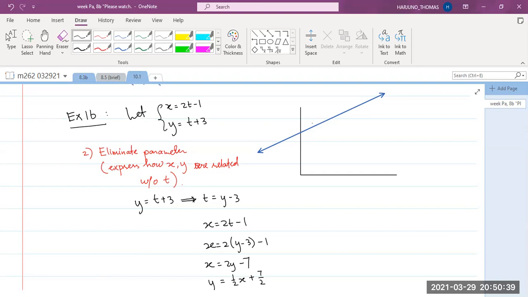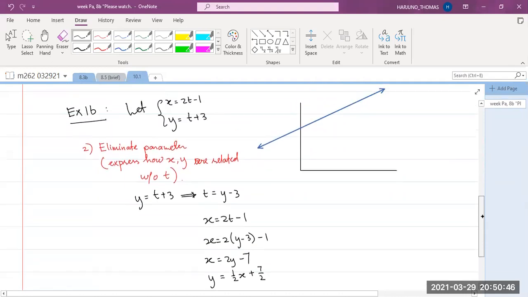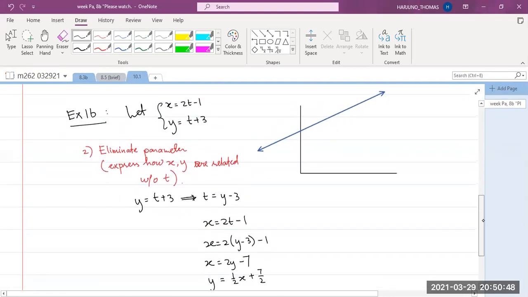Now, the thing is, we see that line, right?